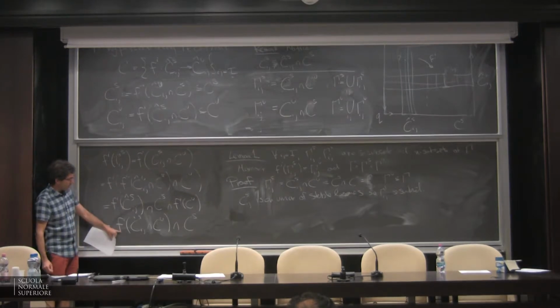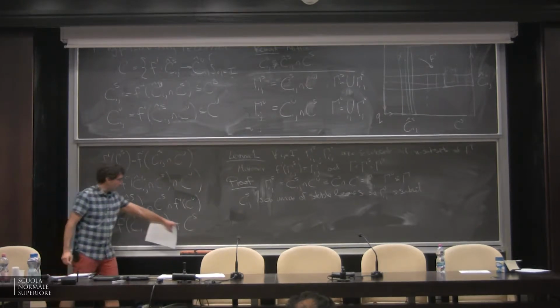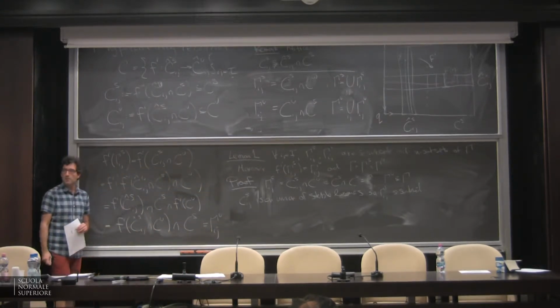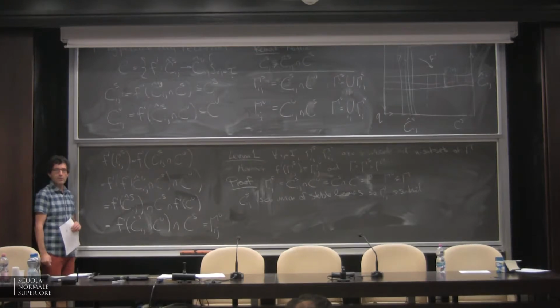And this is exactly the definition of C hat Uij, and then you intersect it with Cs, and you get exactly gamma Uij. So this is really just a combinatorial calculation of the definitions.